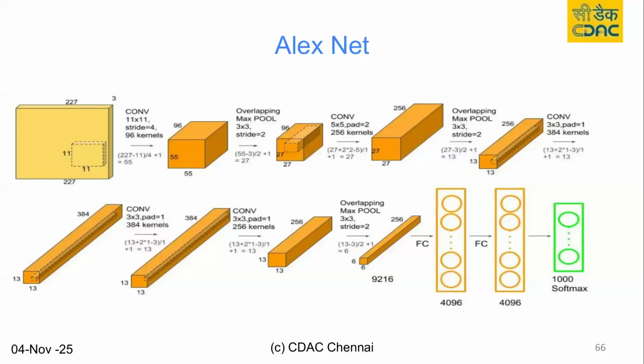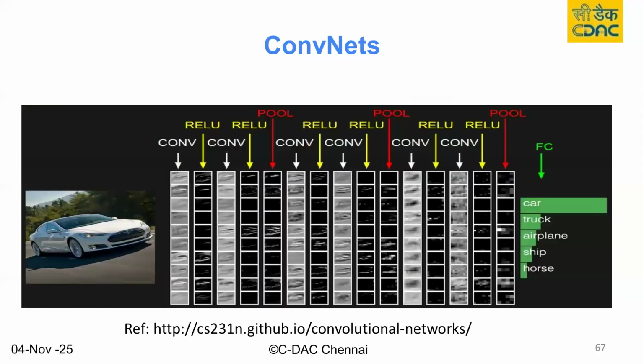And we found the weight filters, that is these 11 cross 11 filters, or these 5 cross 5 kernel filters in this layer, the weight matrices for which the error is minimized in the case of a convolutional neural network. And that will be used during the testing phase.